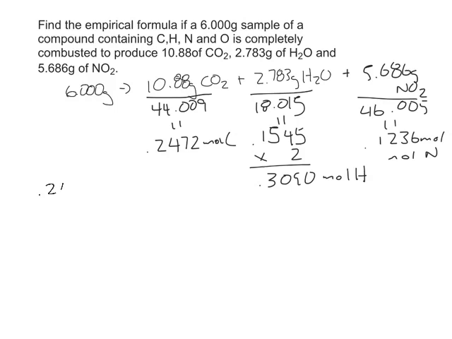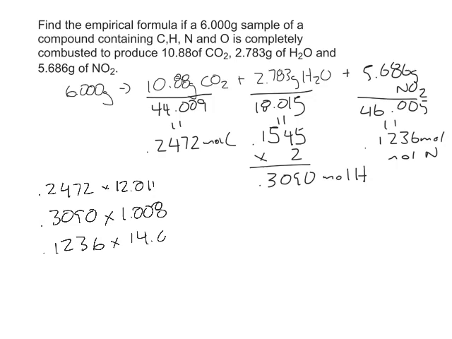So 0.2472 times 12.011 for my carbon plus 0.3090 times molar mass hydrogen plus 0.1236 times molar mass of nitrogen. Add all of that up, and I get 5.012 grams coming from carbon, hydrogen, and nitrogen.